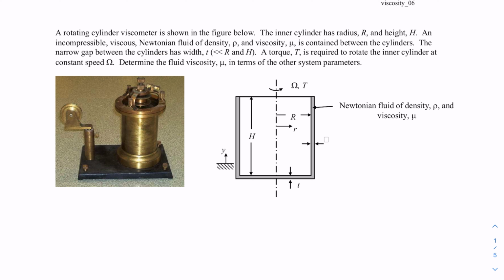And in this example, we have a rotating cylinder. So the construction is simple. There is a hollow shell, and we insert a big cylinder inside that shell, and we fill the gap between the middle cylinder and the hollow shell by the fluid for which we want to measure the viscosity, and then we rotate the middle cylinder with a known angular velocity omega and measure the torque acting on it.